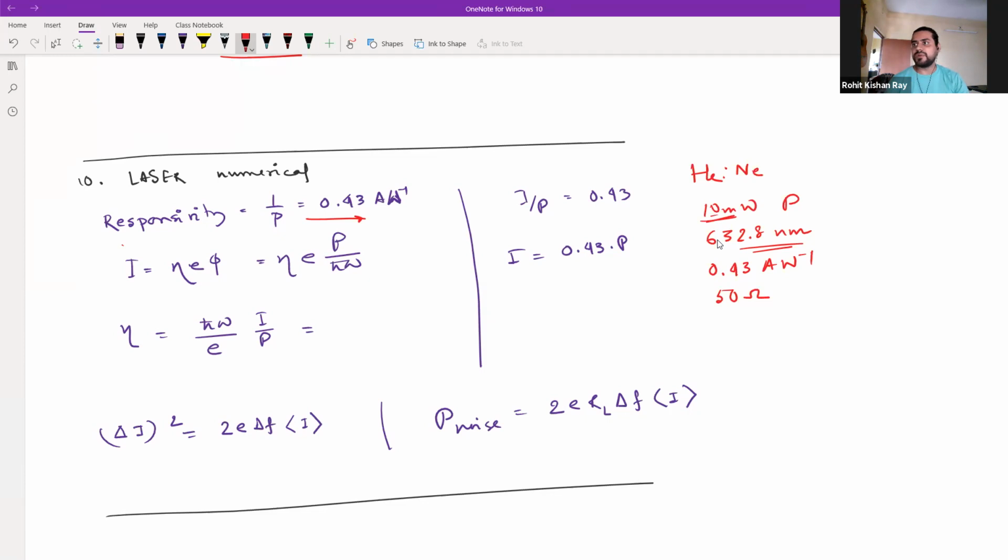I have not computed this. You can do it anyway. P we know, I we can find out from here, and then I can be fed back into this to compute eta. And also the noise can be calculated from this relation.